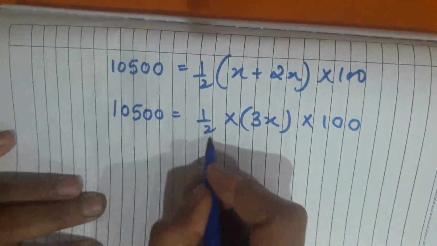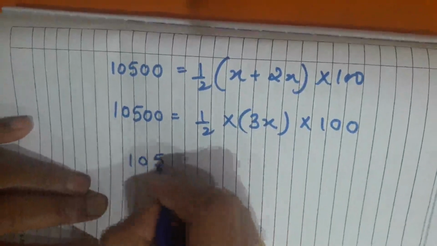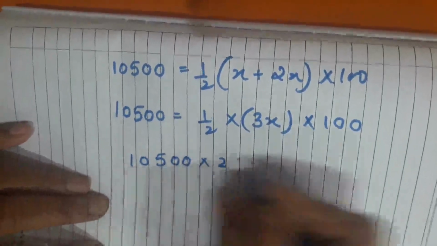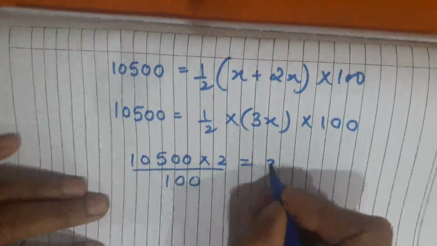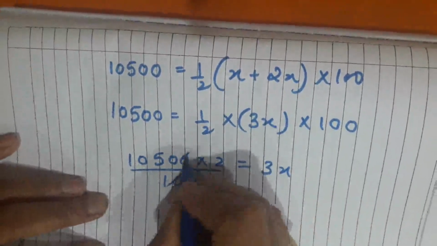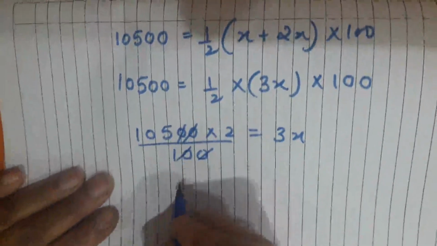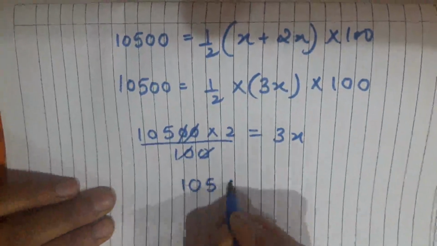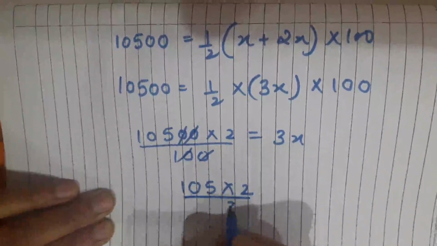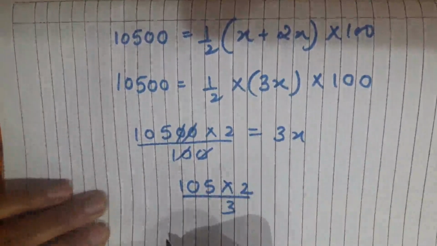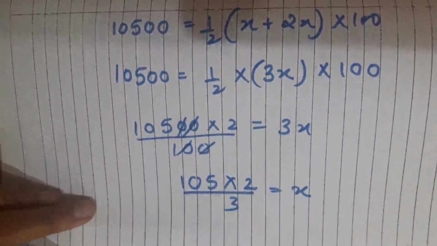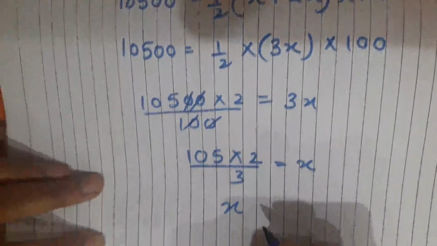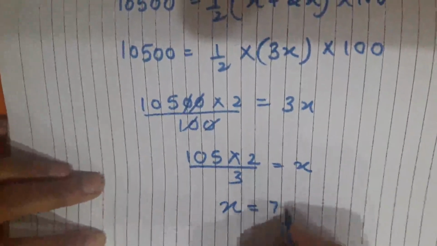Let's shift this 2 to the leftmost side and this 100 below, equal to 3x. The zeros cancel out each other. Then what is left over is 105 into 2 upon 3. This 3 also goes in the denominator on the left side. After solving this, x value is 70.